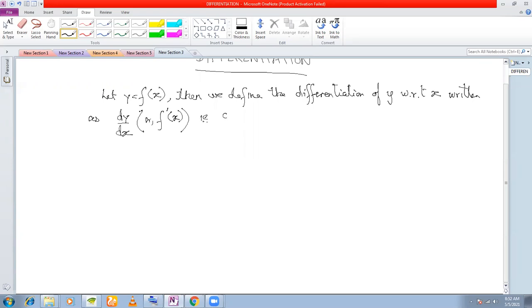That is, we write dy/dx is equal to f dashed x.